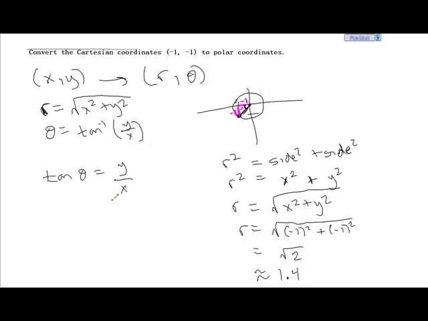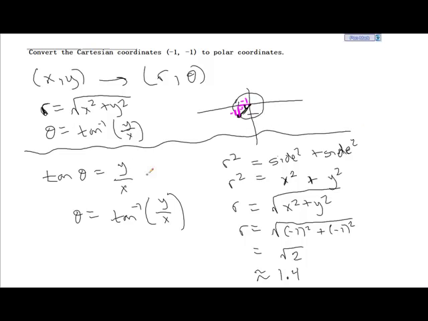Now we can solve for theta. To solve for theta, you take the tangent inverse, which becomes the tangent inverse of y over x. So it's really not that hard to derive these. You don't really need to memorize them. We just need to know a little bit about right triangle trigonometry, which is what we've been studying in this class.